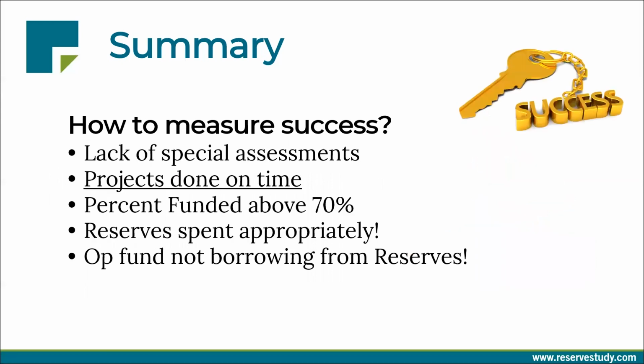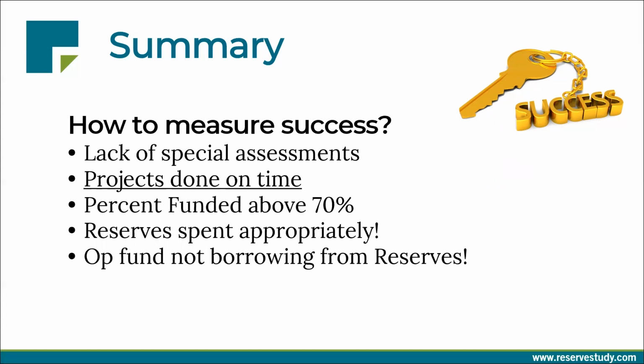And what does success look like? It means lack of special assessments. It means being able to get your projects done on time. Your percent funded is above 70%, so you do have that cash to be able to do projects on time. And your reserves are spent appropriately.